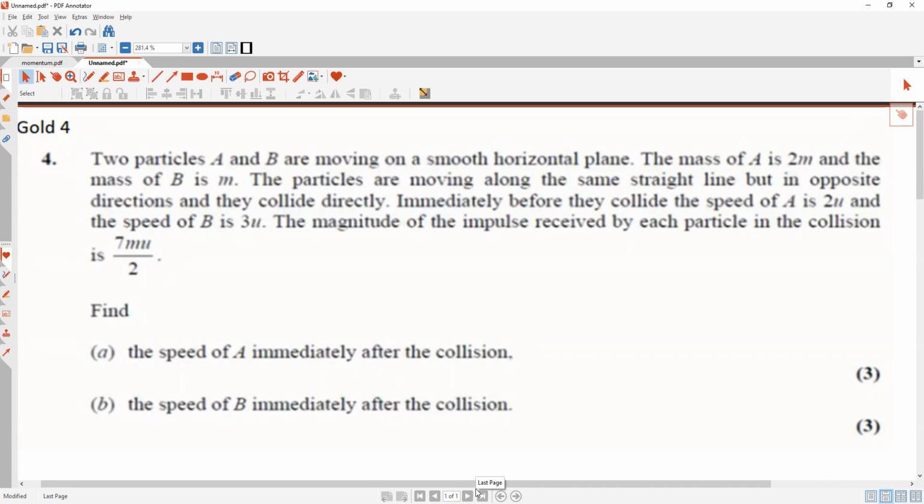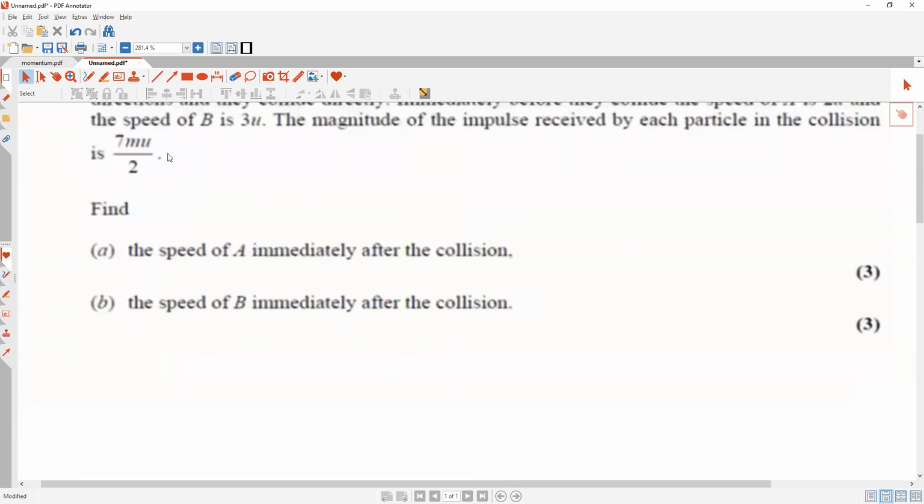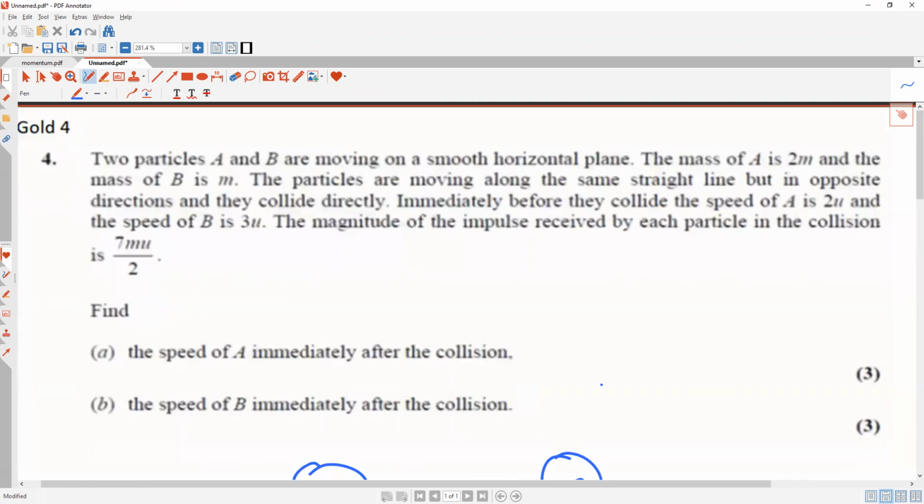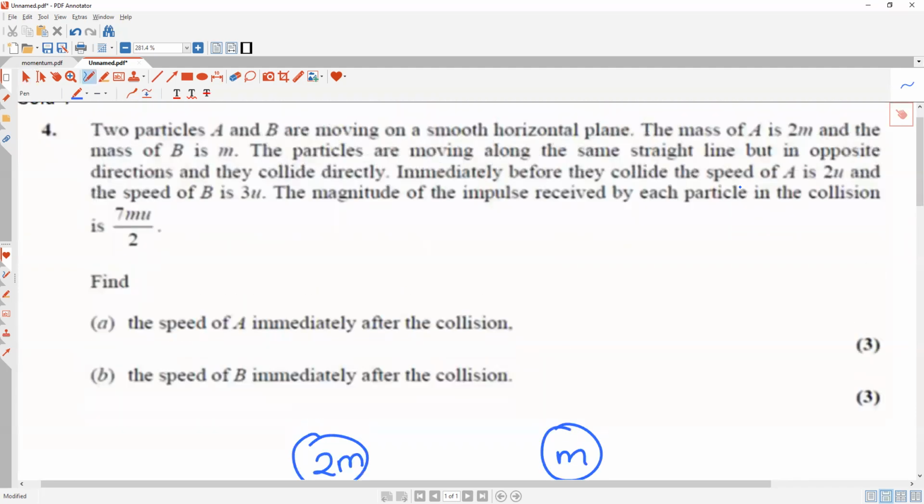Two particles A and B are moving on a smooth horizontal plane. The mass of A is 2m and the mass of B is m. The particles are moving along the same straight line but in opposite directions, towards each other.